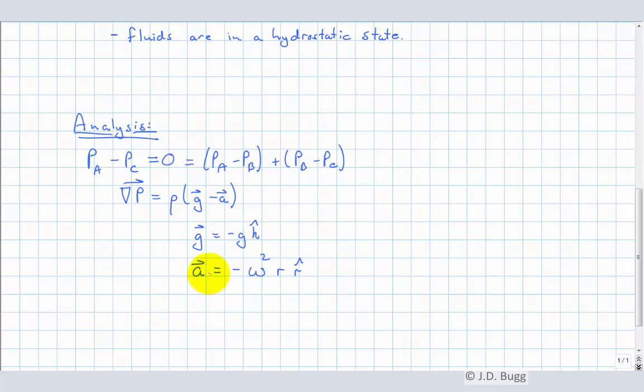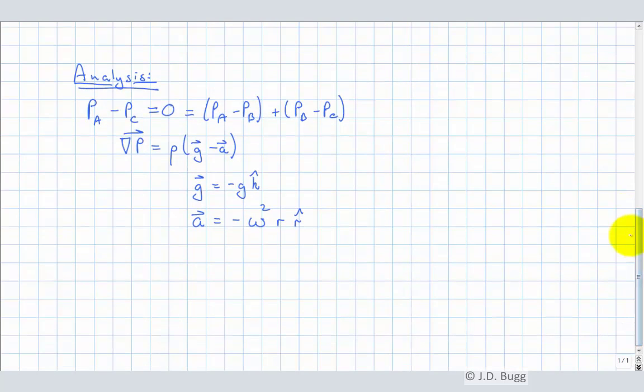So that's our acceleration. So we've looked at the right-hand side of this equation. We've written G and A for our particular coordinate system for this particular problem. So what we have so far here is a pressure gradient that is equal to rho times minus g k plus omega squared r hat. So notice there's two unit vectors here, so two components to the pressure gradient.